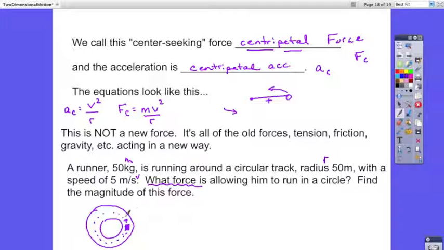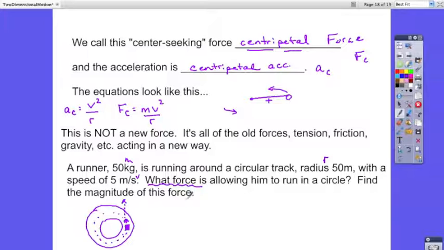Suppose you're on a magic track and suddenly the track is covered with ice. Well, what's going to happen? Your car, instead of continuing to go in a circle, will go straight because you need friction on the tires to push the car towards the center of that circle. So in this case, it's a frictional force that's causing a centripetal force.